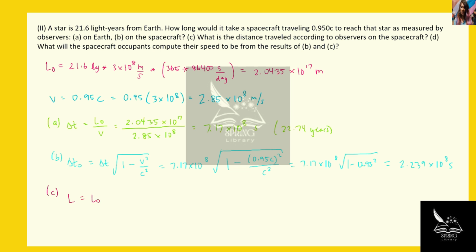So we'll take L naught times the square root of 1 minus v squared over c squared, and that gives me 2.0435 times 10 to the 17th meters times the square root of 1 minus, once again, 0.95 c, the entire quantity squared, divided by c squared.